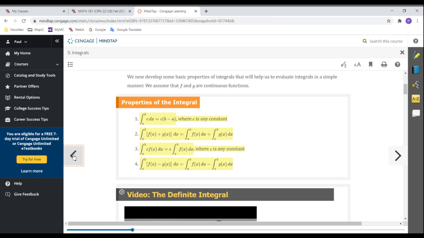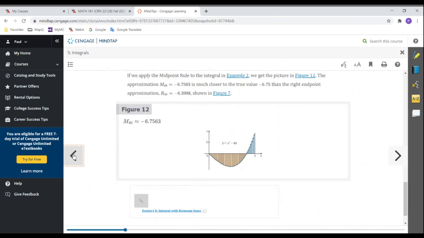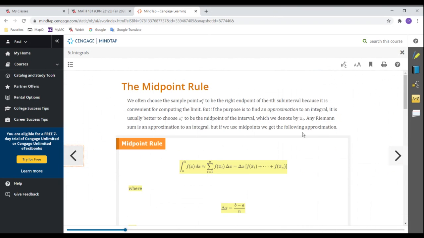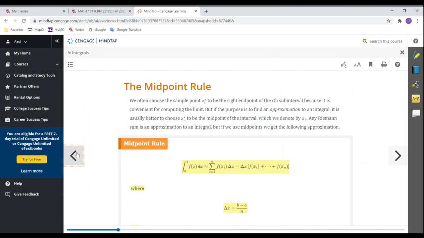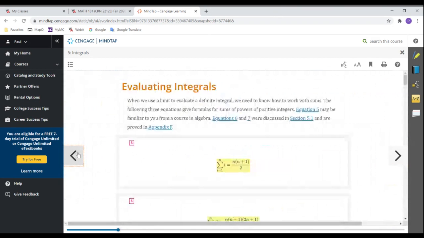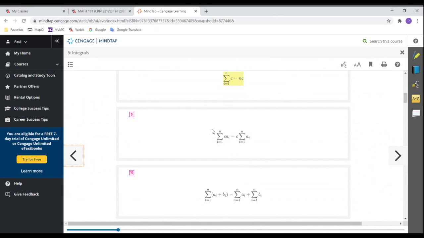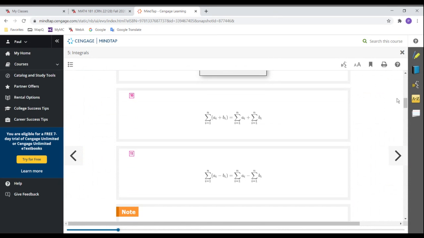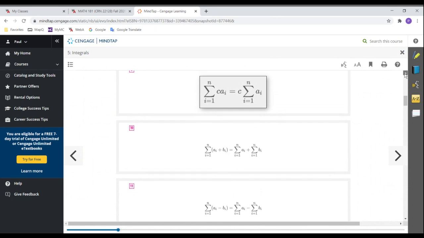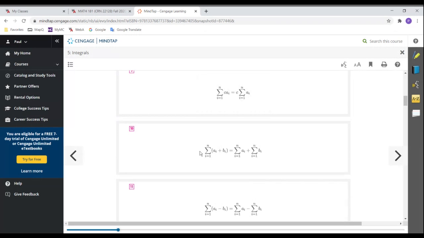So, for instance, towards the beginning of section 5.2, they have some properties for summations. Property 9: if you have a constant inside a summation, you can bring the constant out in front of the summation.